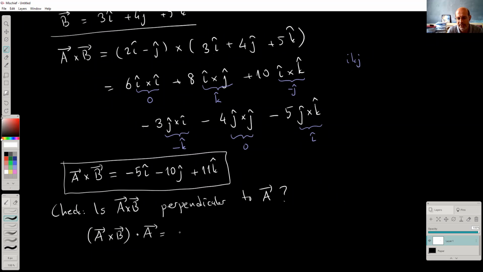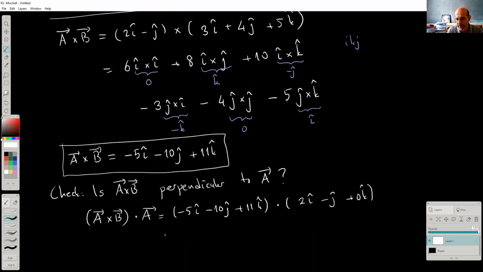Take the dot product with this. So this is minus 5i minus 10j plus 11k. A is 2i minus j, so that means it is 0k. All I need to do is take the corresponding components and multiply them together. So that's minus 5 times plus 2.